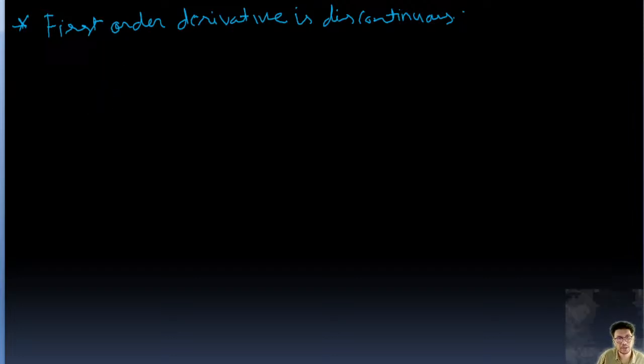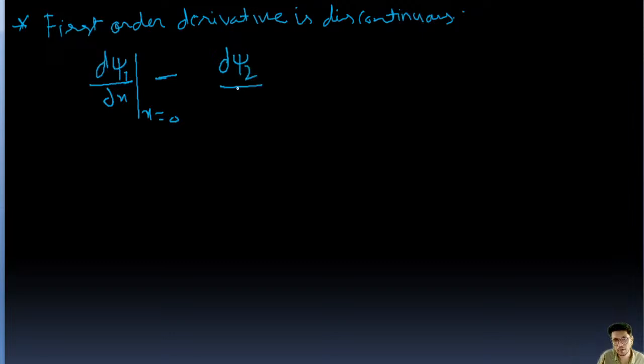First order means d psi 1 upon dx at x equal to 0 minus d psi 2 upon dx at x equal to 0. This value we will find out, because it's discontinuous. That discontinuity we are going to find, and we'll put the value in.